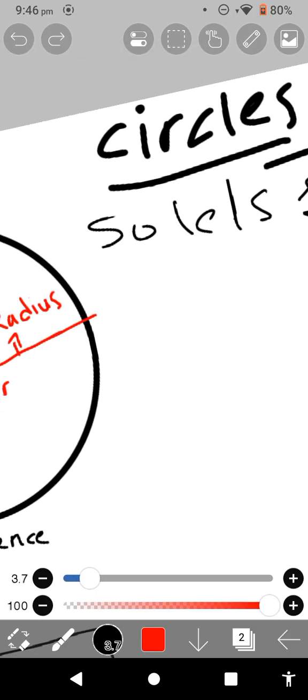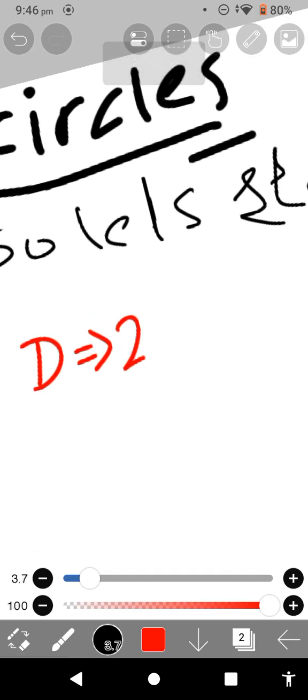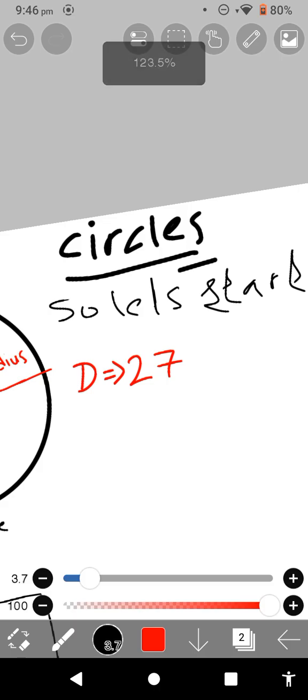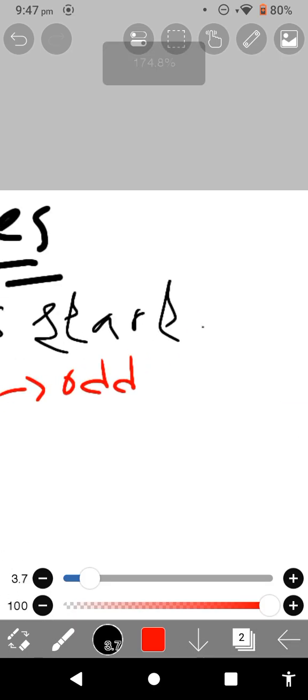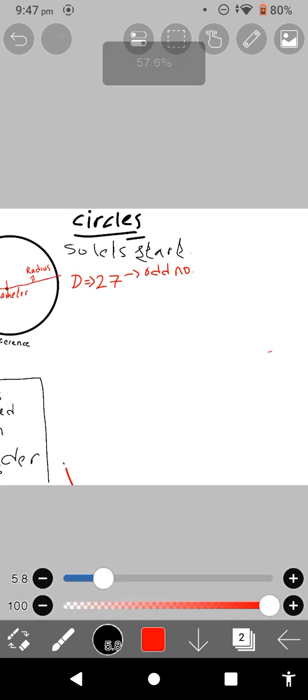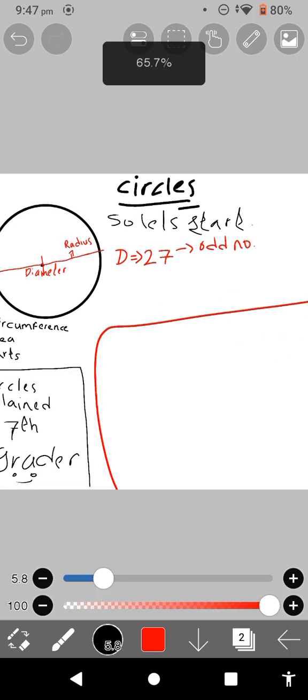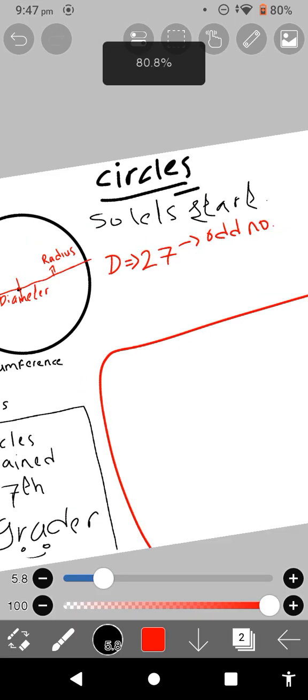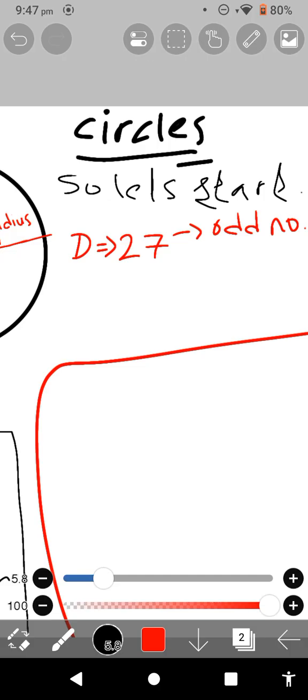The diameter is 27, an odd number, so this one will be in fractions. Now let's make it into the radius. So 27 by 2. That's easy.